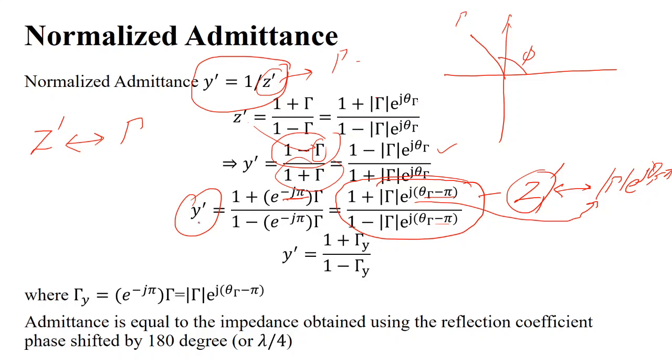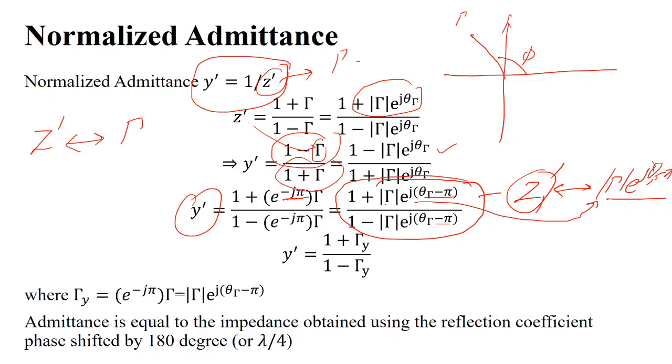So it means the admittance of this one is the same as this new impedance whose gamma is given by this expression. And how to find this one? If you already know this gamma, the magnitudes are the same, the phases are different. If you move this theta by pi, you will reach this impedance.